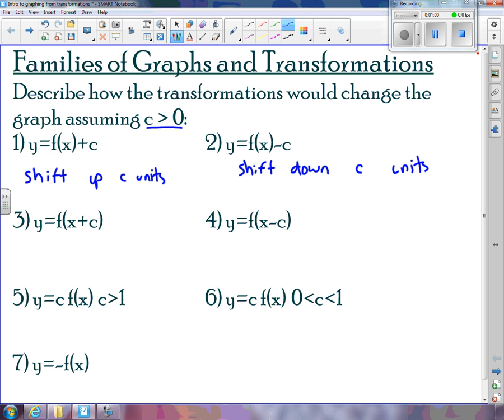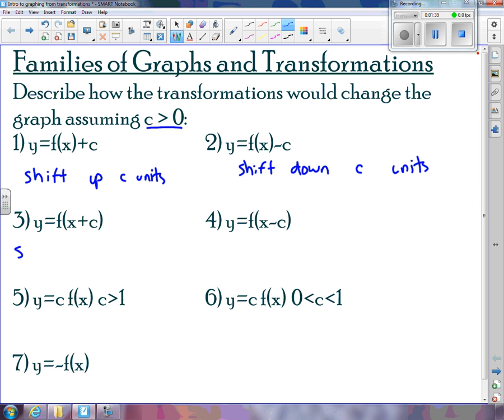So now this is a little bit different. Here what I'm doing is I'm adding the C just to the x, not to the entire function. So to give you an example of what that would look like, it would be like when I added something on the inside of the absolute values. So for this particular example, that plus 3 on the inside of the absolute values would shift the graph to the left 3 units. So the same thing would happen if I just added c to the inside of the function.